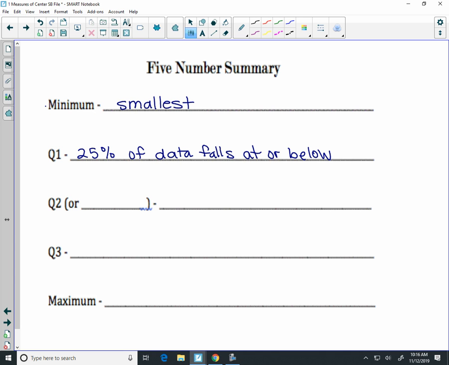Q2 is the same as the median. That's our 50th percentile.